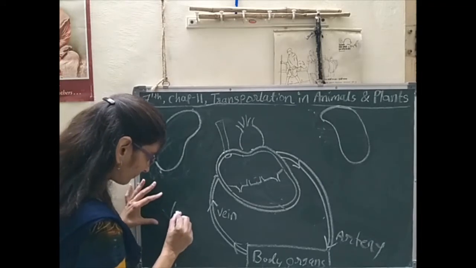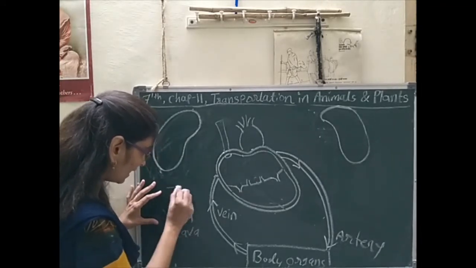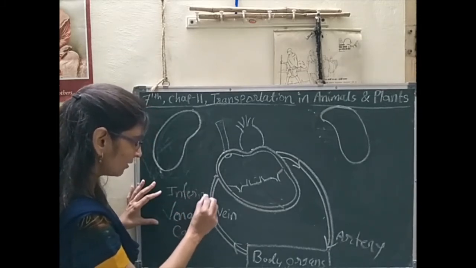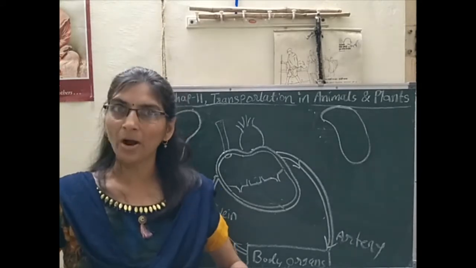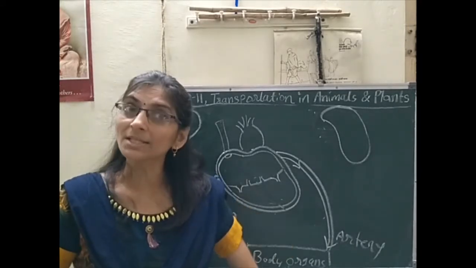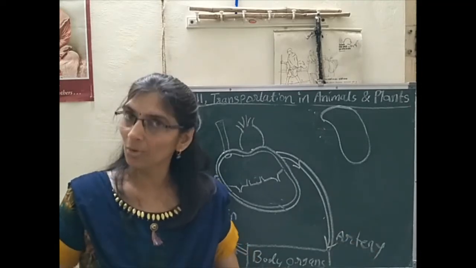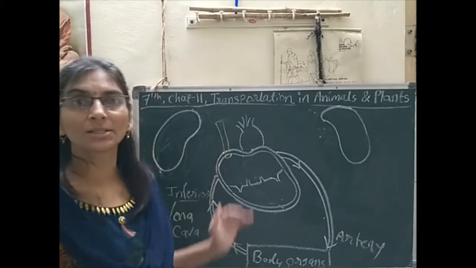Vena cava. This is inferior. Why is it known as inferior? Because it is from the lower body parts, below the chest organs. So from that lower body part it carries deoxygenated blood towards the heart.